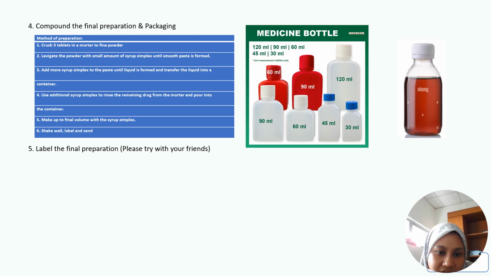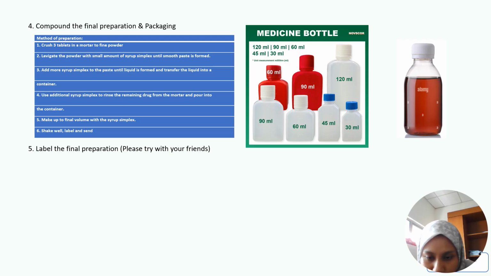Then transfer this paste into a container, rinse with additional syrup, and make up to 30 ml of volume.